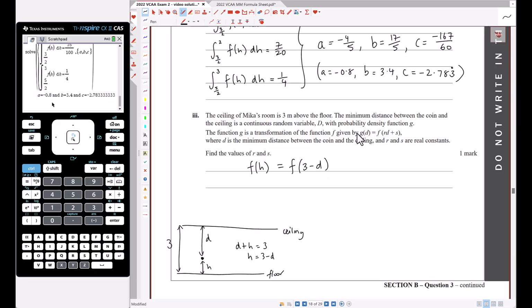Now that it's in terms of d, it's g of d. So what we've found is that g of d is f of negative d plus 3, which means that r equals negative 1 and s is equal to 3.